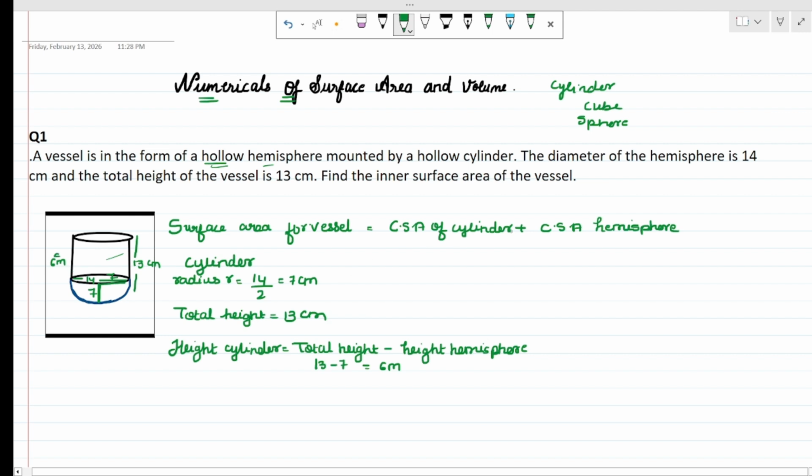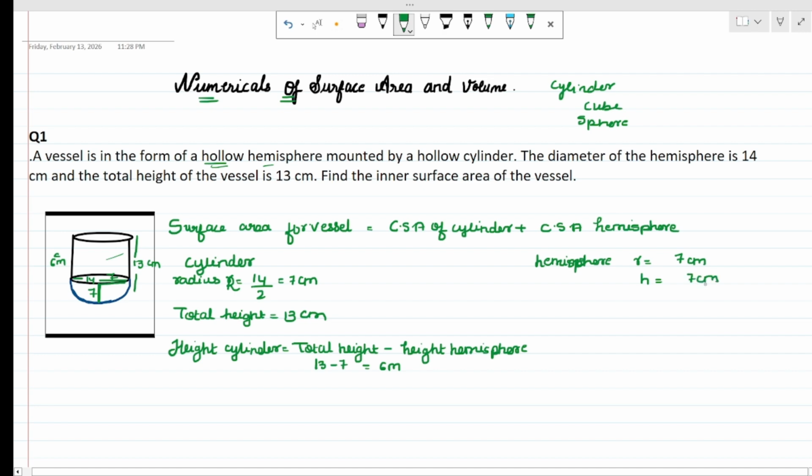Now, what is the information about the hemisphere? Let's denote the cylinder radius with capital R and the hemisphere radius with small r. The hemisphere radius is 7 centimeter and height h is equal to 7 centimeter.